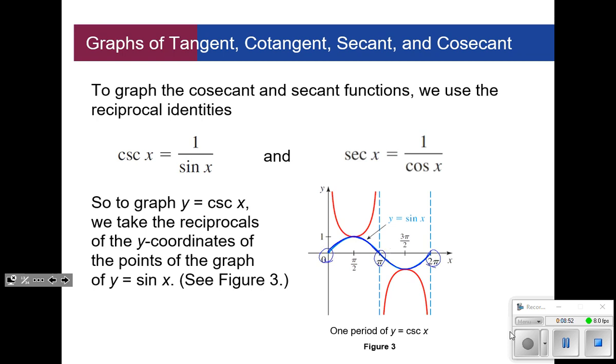Why is that? Again, cosecant is 1 over sine. Sine is 0 at 0, pi, 2 pi, and so on. So that's where our vertical asymptotes go. The y-axis is also an asymptote.